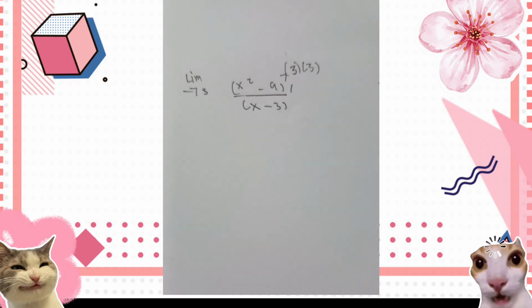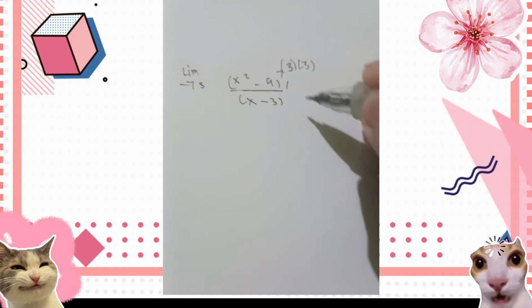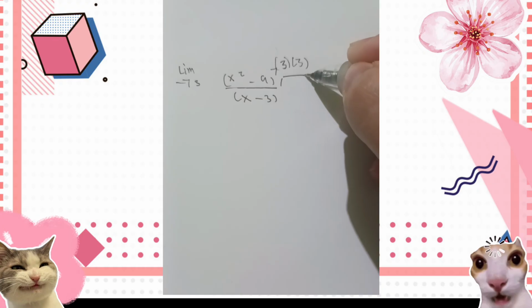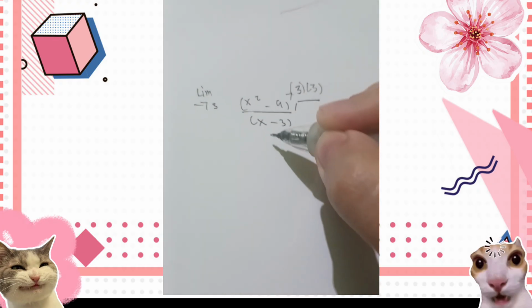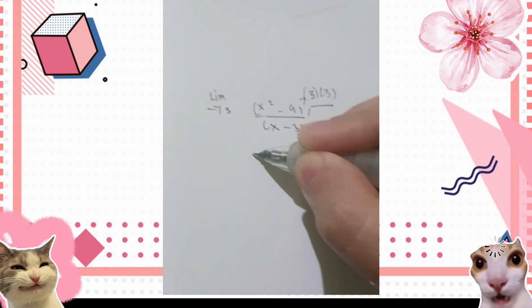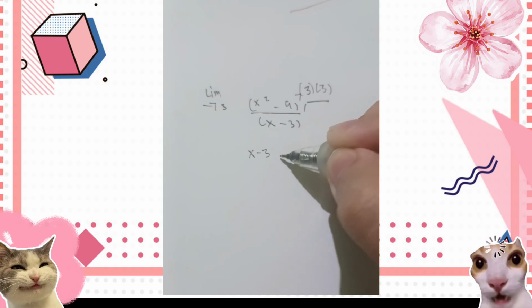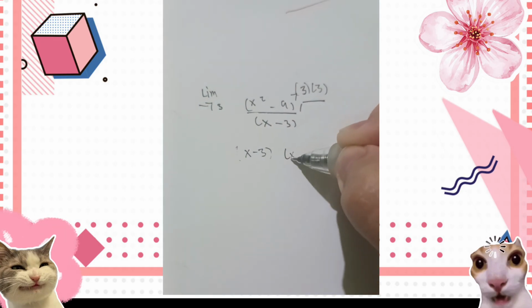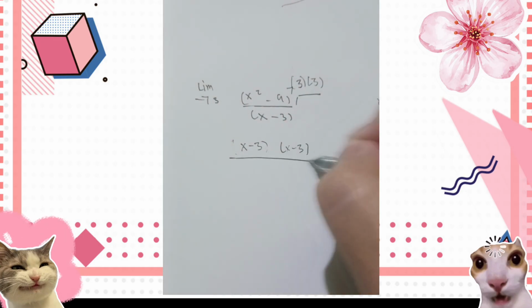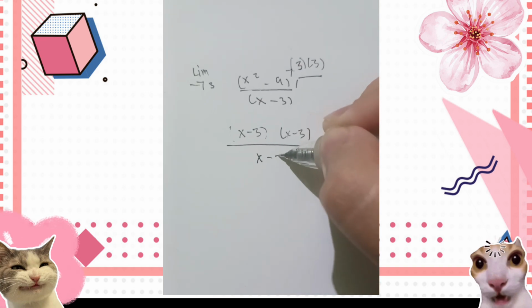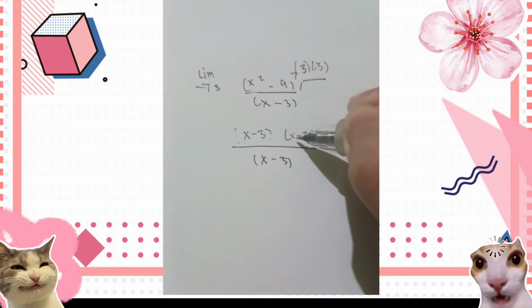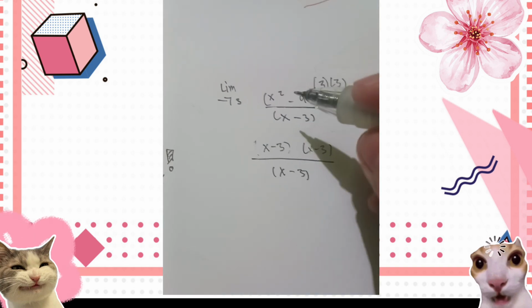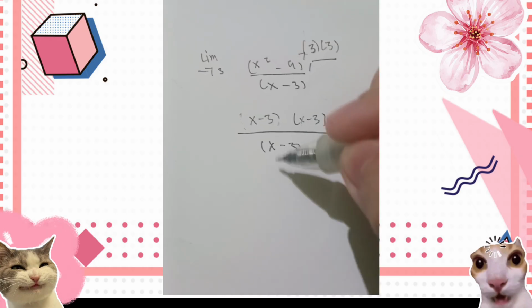Limit as x approaches 3 of x squared minus 9 over x minus 3. If we substitute 3 directly, we'd get 9 minus 9 over 0, which is 0 over 0. This is called an indeterminate form, meaning we must simplify first. We factor the numerator: x squared minus 9 equals x minus 3 times x plus 3. Now cancel x minus 3.